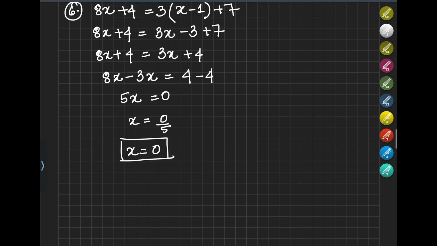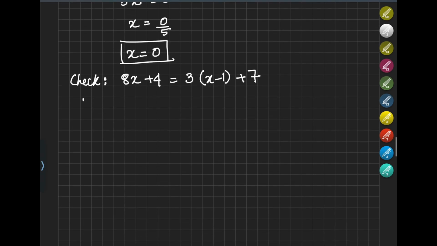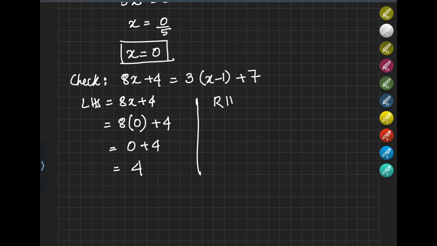So let us check. Let's write the equation, that is 8x plus 4 is equal to 3 into x minus 1 plus 7. Now in the LHS we have 8x plus 4. Put the value of x as 0: 0 plus 4. So 0 plus 4 is equal to 4. Then in the RHS we have 3 into x minus 1 plus 7.